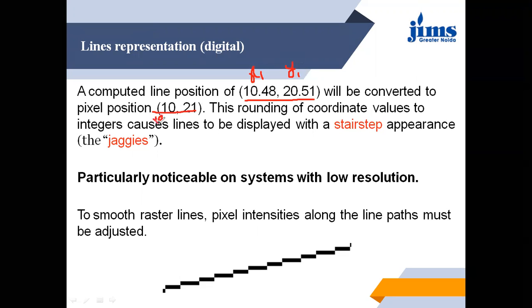When the starting point of a line is 10.48, we cannot highlight the pixel whose value is 10.48, so we have to approximate it at 10, and we have to approximate y as 21, as it is greater than 0.5.